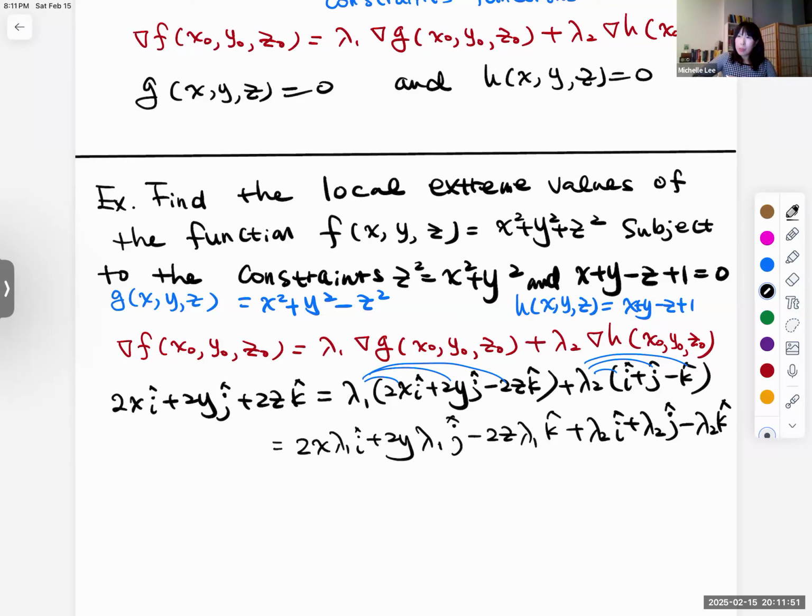Can we make them correspond to each other?